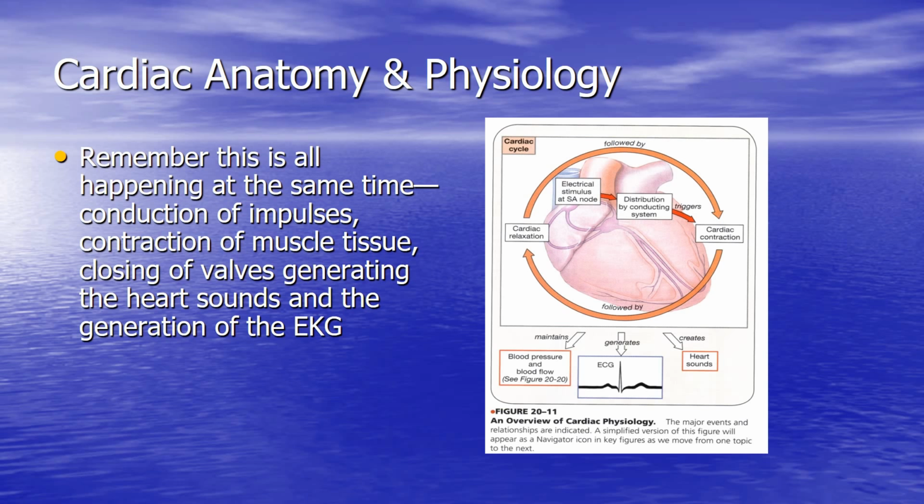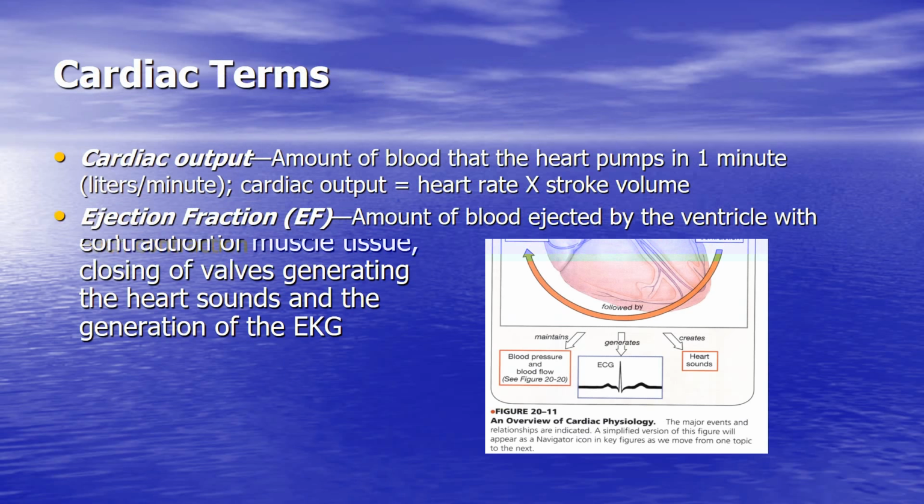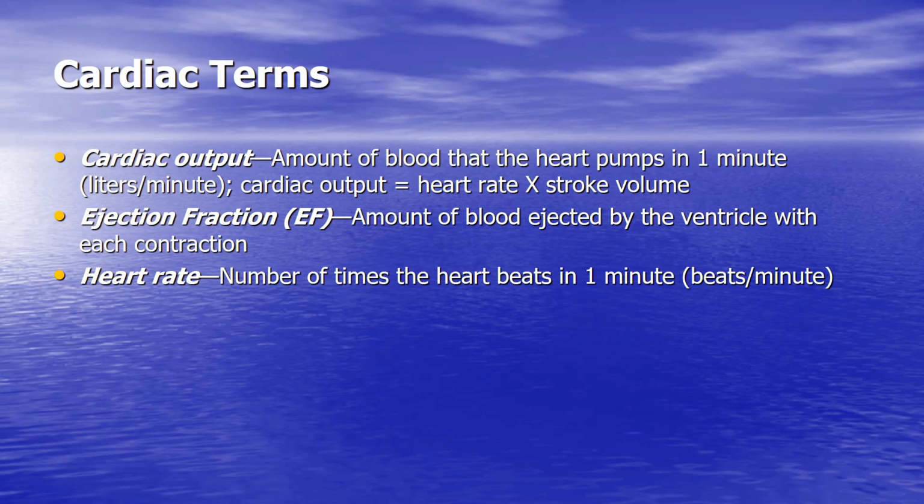So we start with an impulse being generated by the SA node. It depolarizes both atria. The atria contract, pump this blood past the AV valves, the bicuspid on the left and tricuspid on the right. Then the impulse goes to the AV node, to the bundle of His, right and left bundle branches, and starts depolarizing the ventricles.